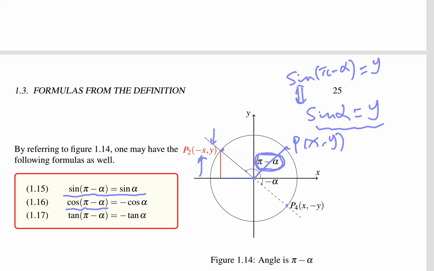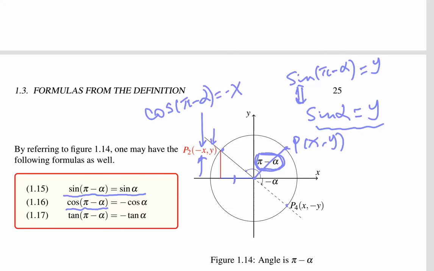Cosine is the x-coordinate, so cosine of pi minus alpha is negative x.